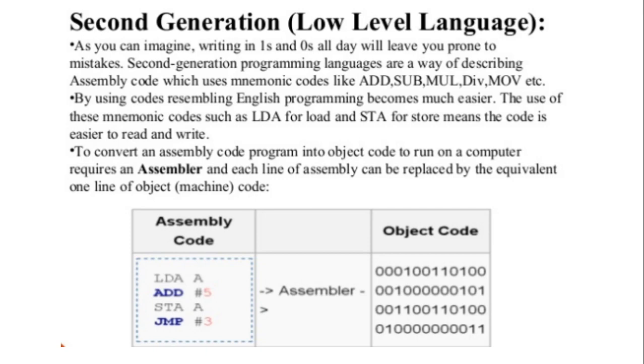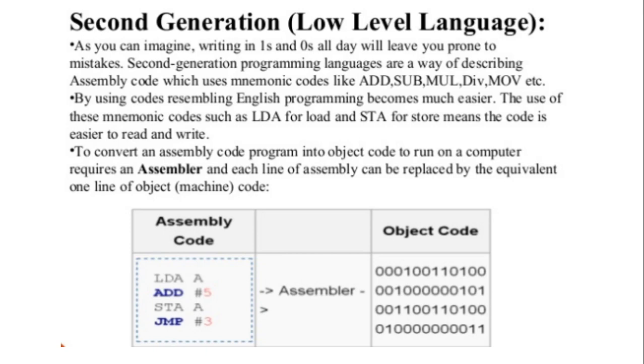As you can see in the diagram below, there is an example given of an assembly code. You have LDA, that is load A. If you take the first line example, the instruction is load A, right?